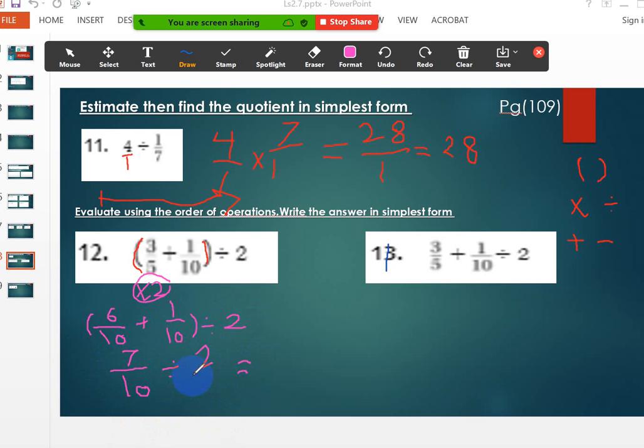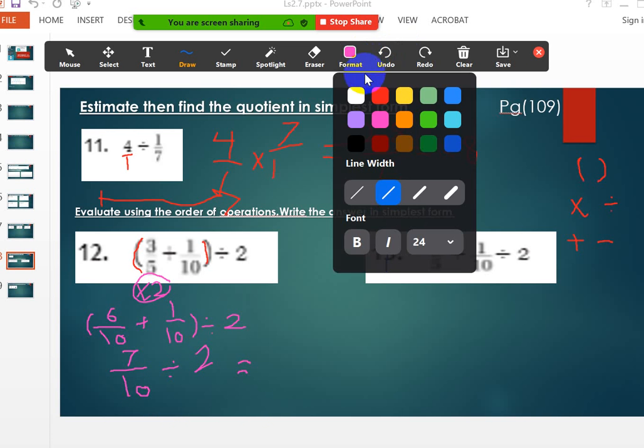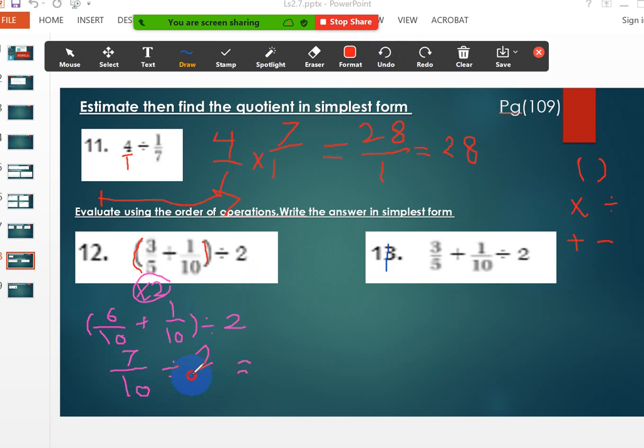So I have to put here a denominator for the whole number. It will be 1. The denominator will be 1. And I will convert from the division to the multiplication. So the dividend will be the same, 7 over 10. And the divide here will be multiply. And 2 over 1 will be 1 over 2.